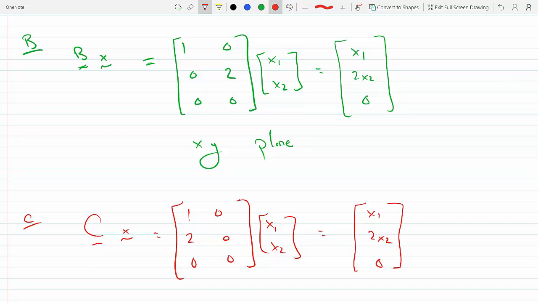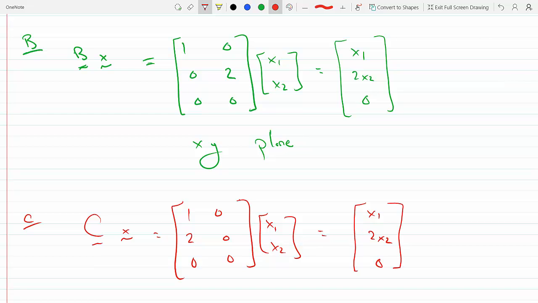for B. However, since here we have the vector 0 0 0, the second column is the 0 vector, you have to contain 1 2 0 and all the multiples of the vector 1 2 0.